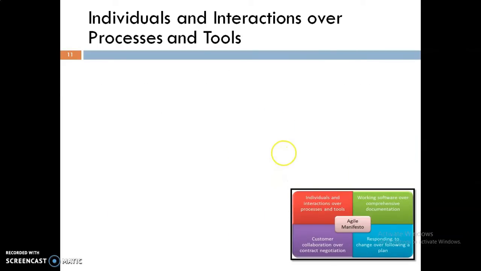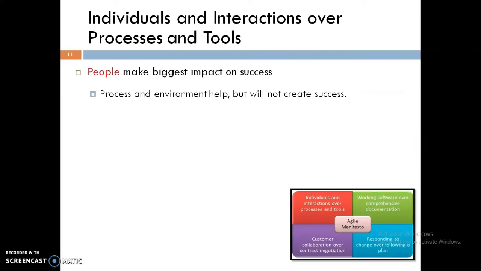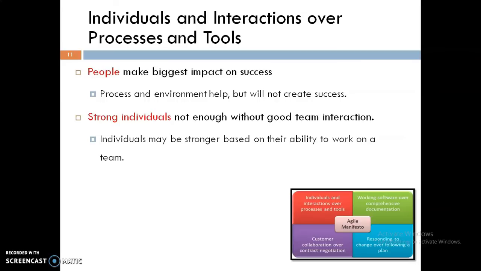The first value, individuals and interactions over processes and tools, focuses on people as one of the biggest resources for the success of any software project, as compared to processes and environment, which also help, but will not create the success of any software. Strong individuals are not enough without good team interactions.